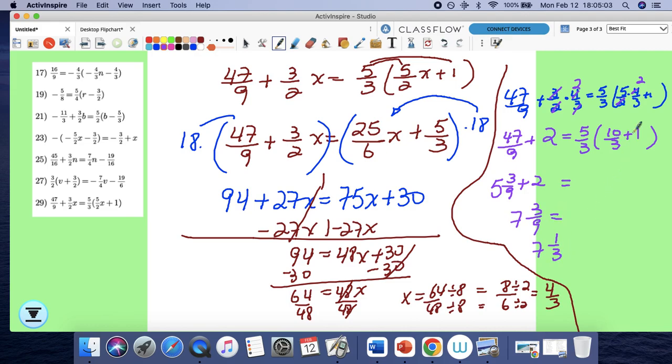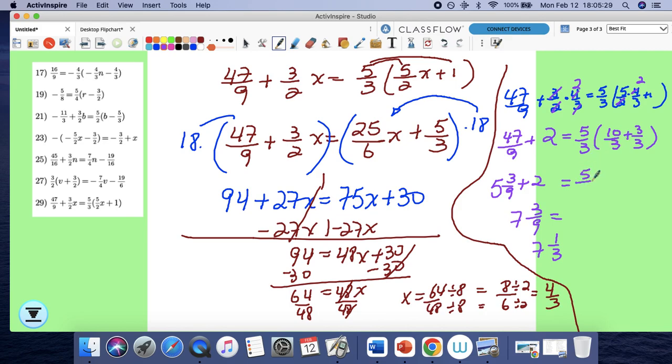Okay. Over here, I can change the 1 to 1 over 1, right? So a little trick here that you can do is change the 1 over 1 to 3 over 3. So now they have the same denominators, right?